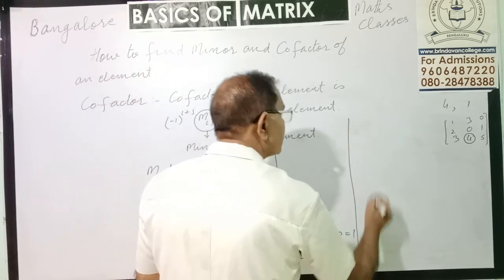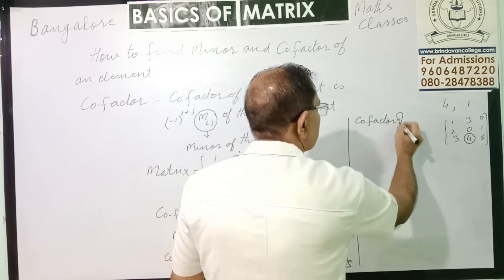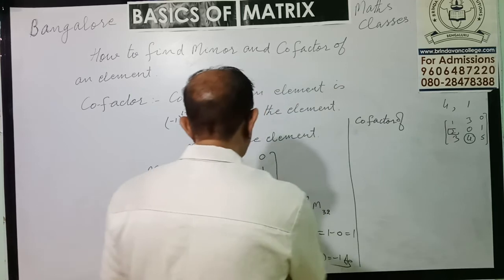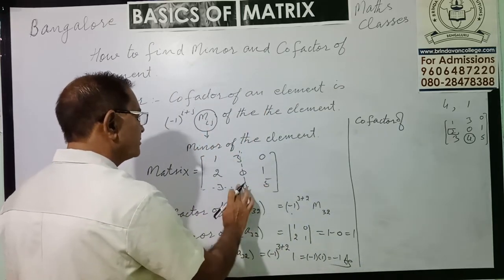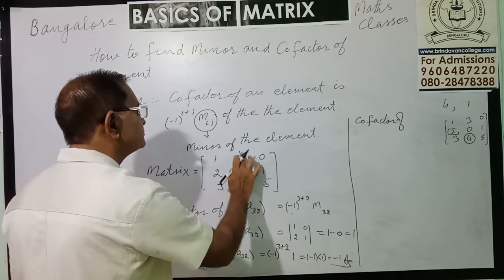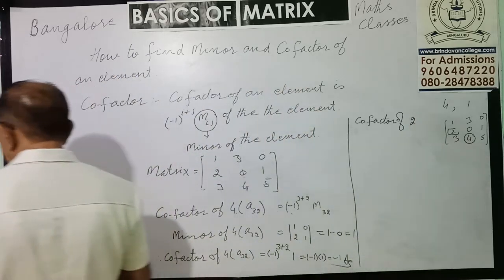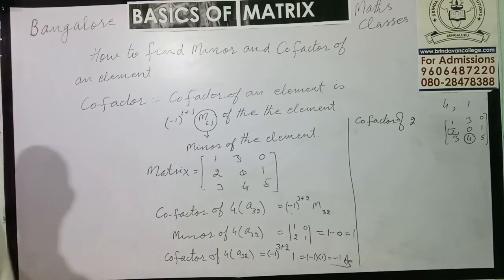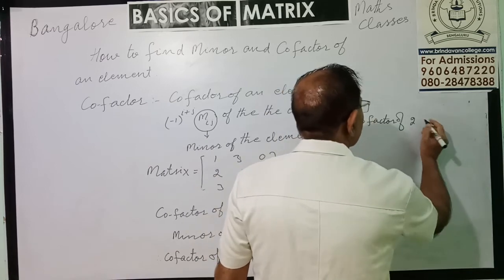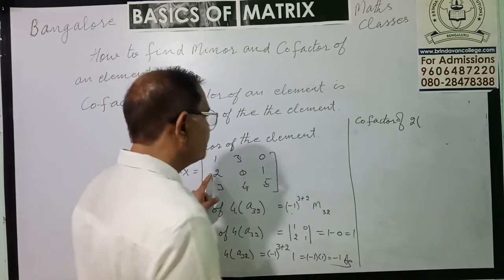Suppose I want to find the cofactor of, let it be 2. I want now the cofactor of 2. 2 is in the second row, first column.